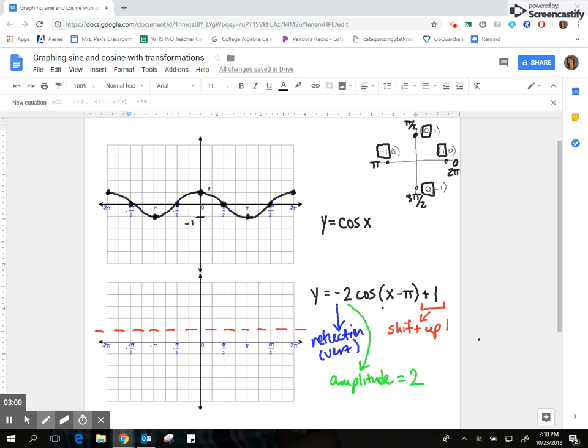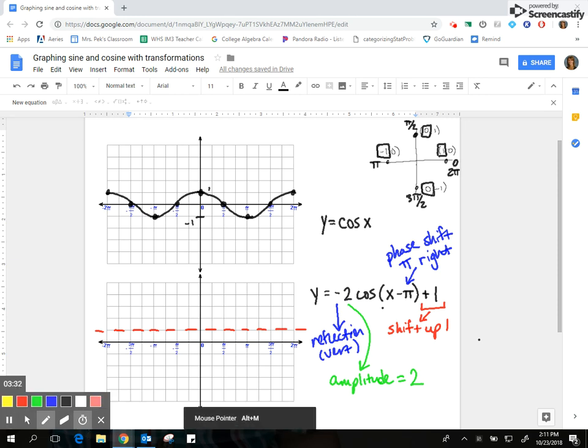So instead of going up to 1 and down to -1, it's going to go up to 2 and down to -2 if I don't pay attention to my vertical shift there. And then the last piece I have here is what we call our phase shift. And the phase shift here is pi units to the right. So that's just going to be a shift in our horizontal direction.